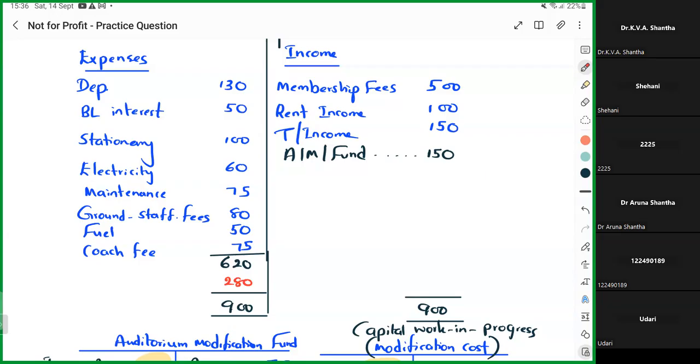But this organization is a not-for-profit organization. Then you can say this is not profit, this is surplus. You can't use the term profit because our organization type is not-for-profit.